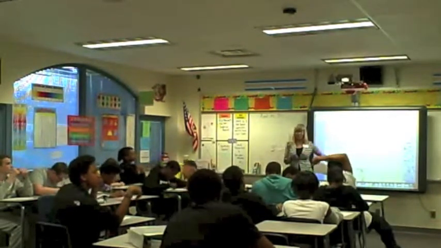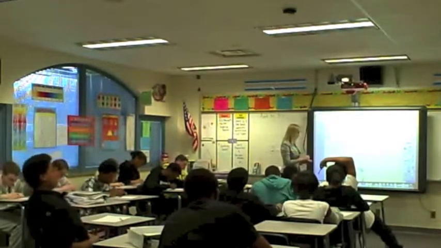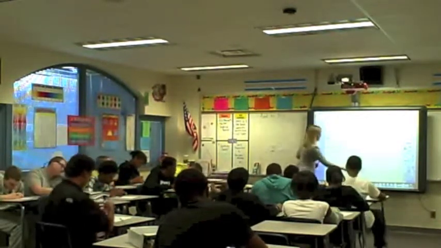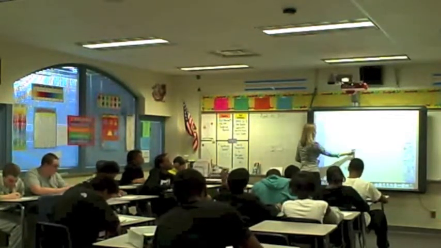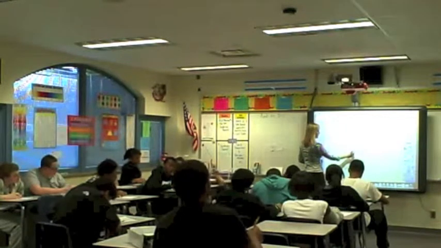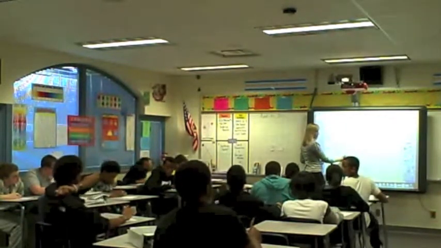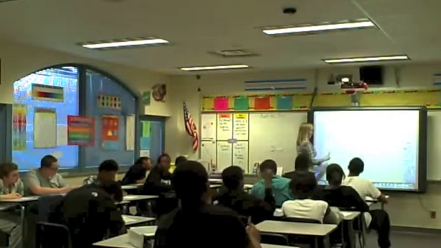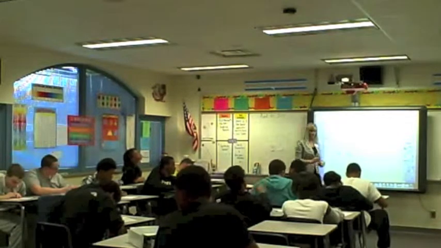Where the 2 lines meet. Great. So put the stationary part of your compass right there. And you want to extend or compress your compass so that it's about halfway down the ray. Okay?